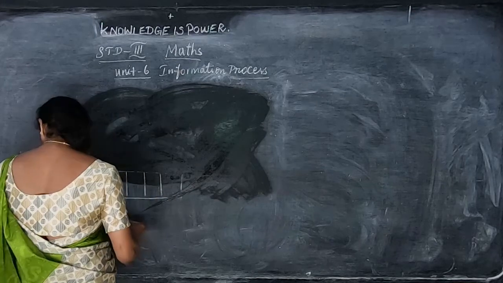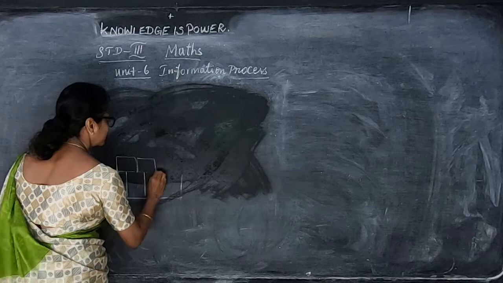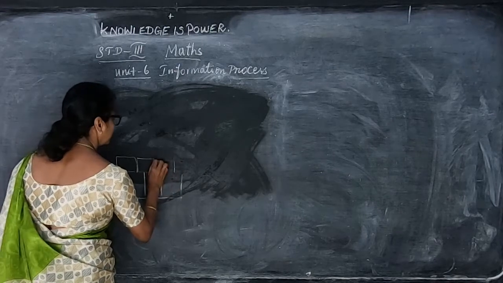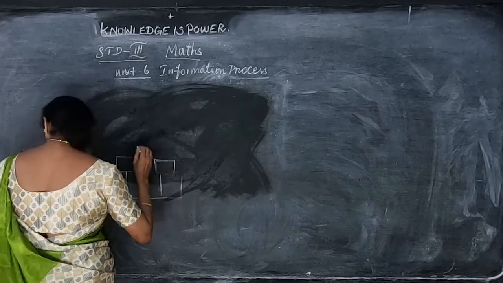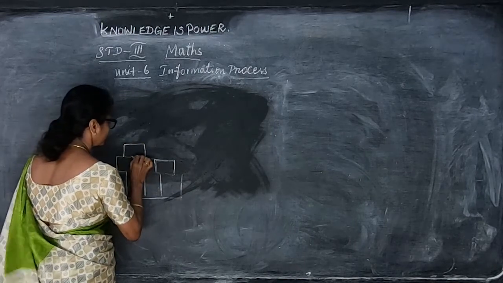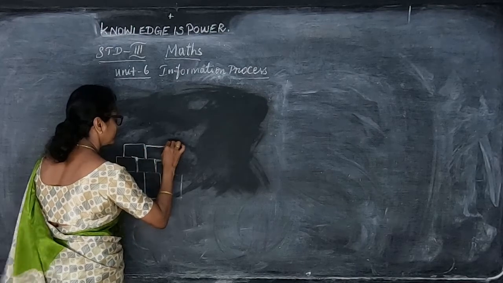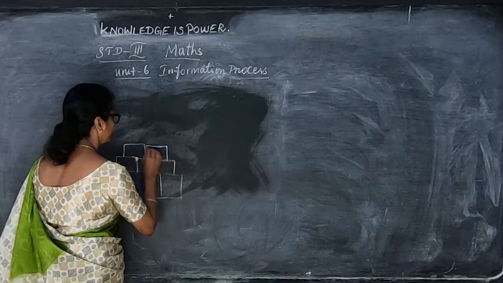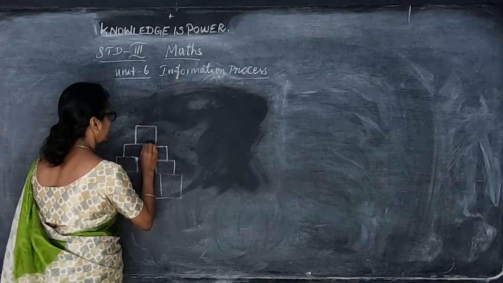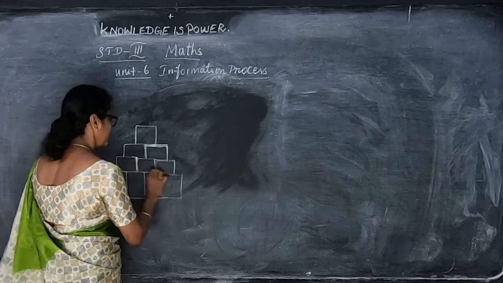So 4 squares are there, and again 3, 2 and 3, and then 2, and then 1. So they are given like this.